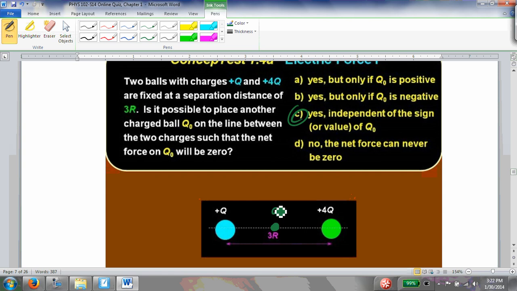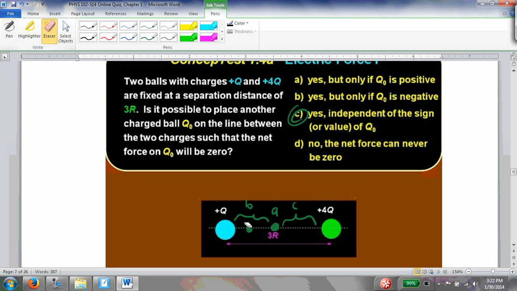Would it be here? Would you put that charge Q0 somewhere in this region, B, to get a net force of 0? Or would you put it somewhere in this region, C? And the answer is that you would put it over here.